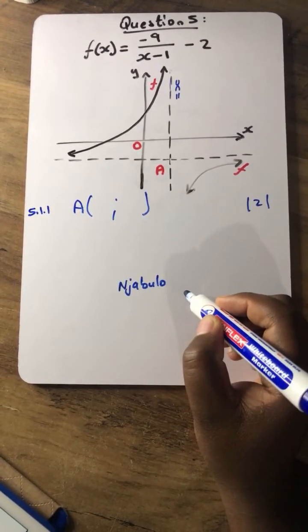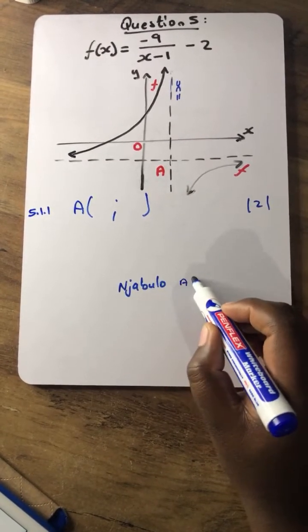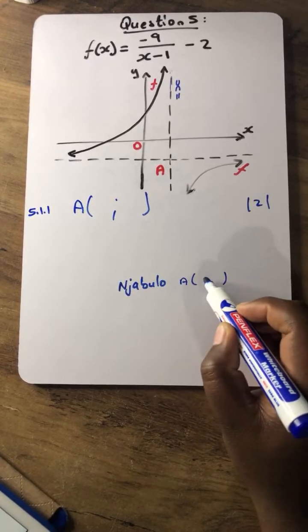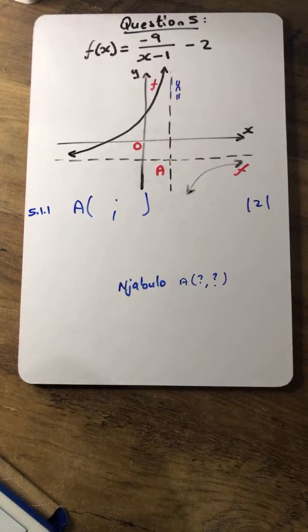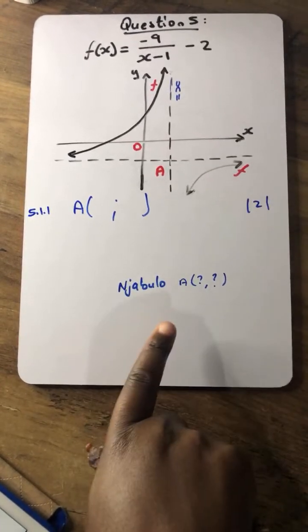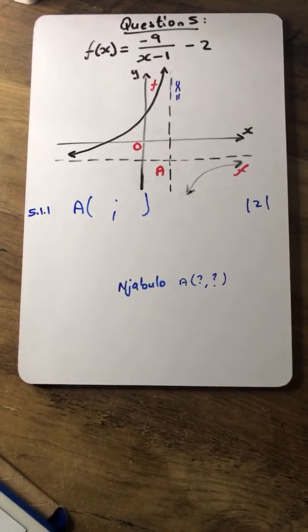So when you comment by giving your answer, just say Njabulo, and then, for example, you can just say A, and inside the brackets, whatever value. That's how you will be commenting with the answer from your side. The reason I'm saying Njabulo is because his Telegram name is Njabulo.